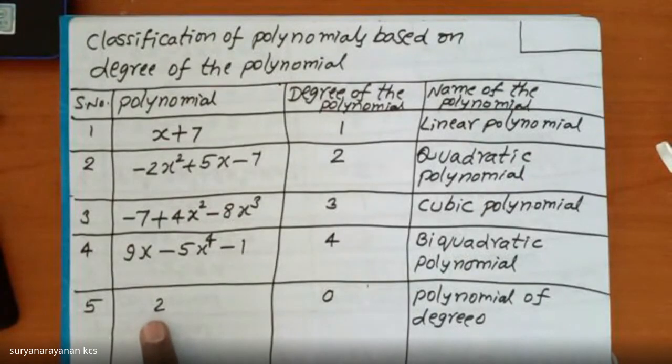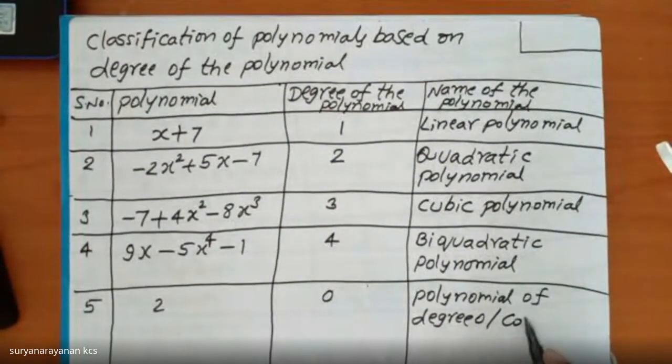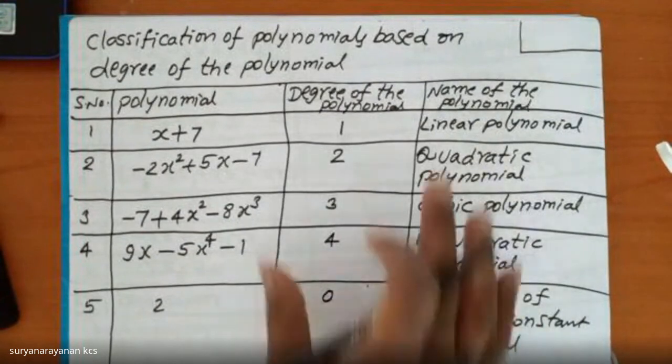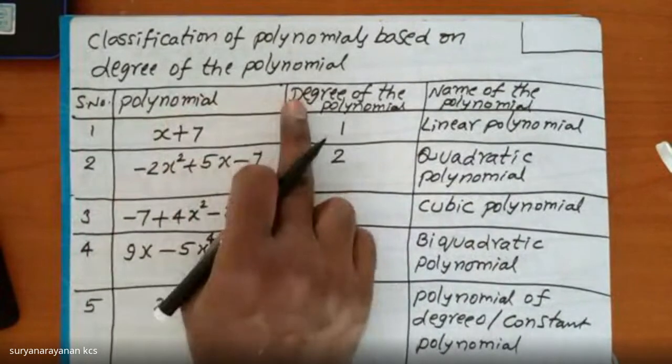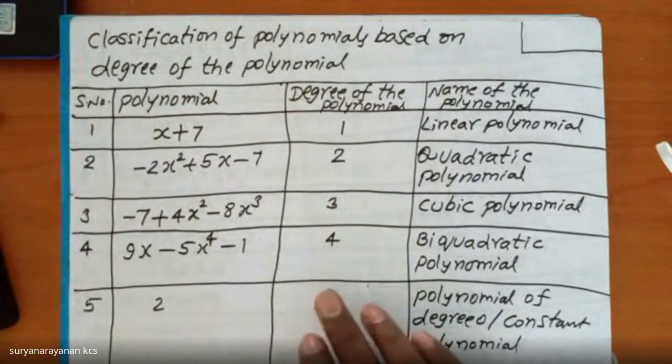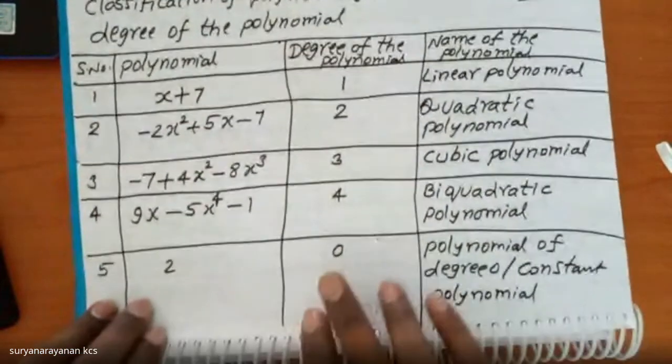This is a constant polynomial, or polynomial of degree 0. Okay. So this is about the classification of polynomials based on the degree of the polynomial. Okay, my dear children.